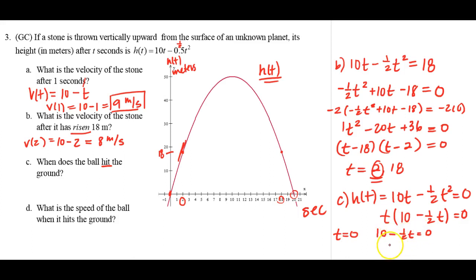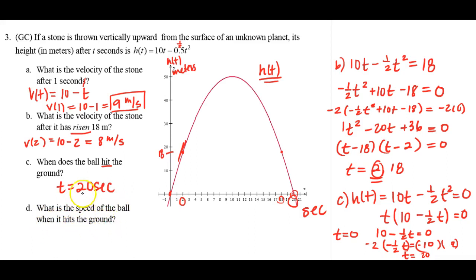If I subtract the 10, negative 1/2 t equals negative 10, and then multiplying both sides by negative 2, I get t equals 20, which is apparent from my graph. So when does the ball hit the ground? t equals 20 seconds.